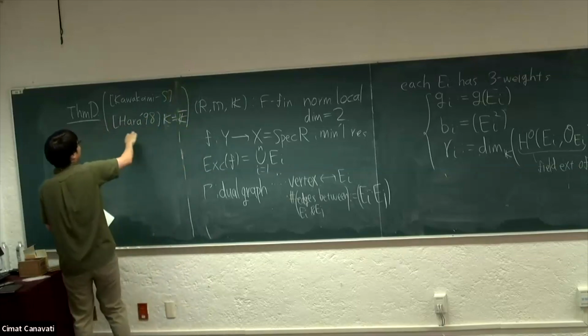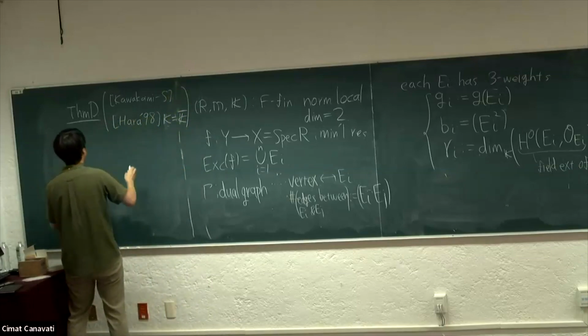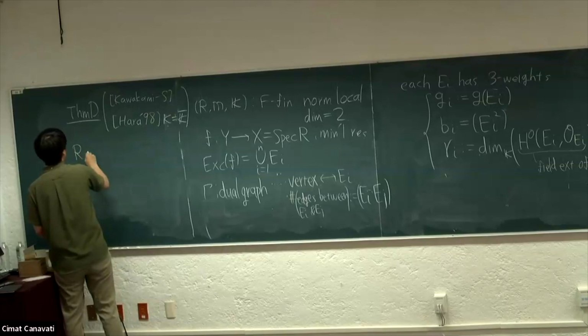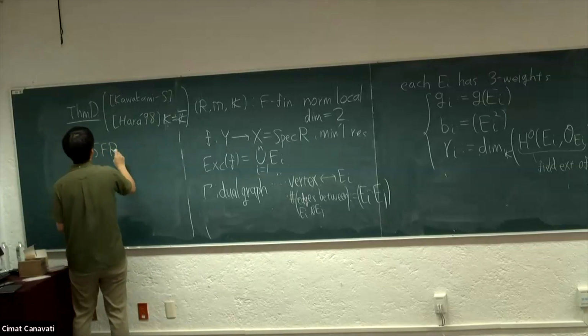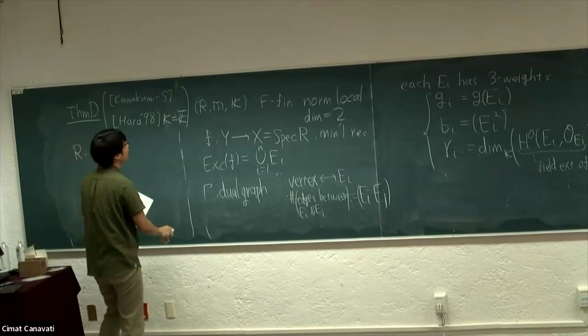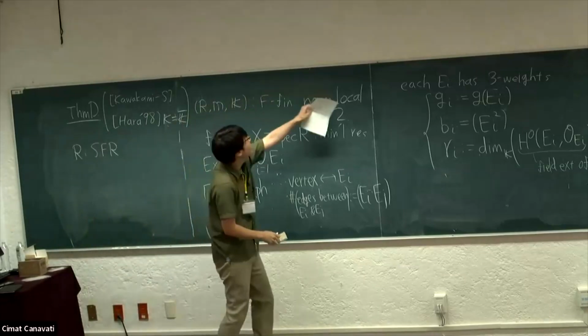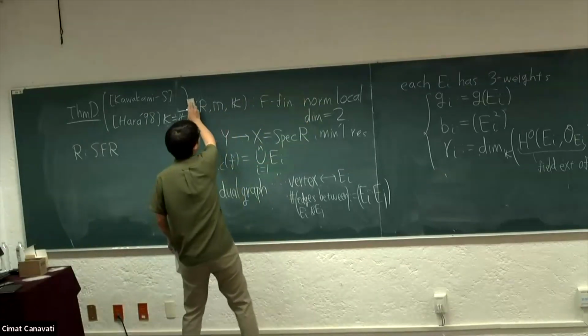So we compare it with Hara's classification, which says that R is strongly irregular if and only if... sorry, R is actually this setting.